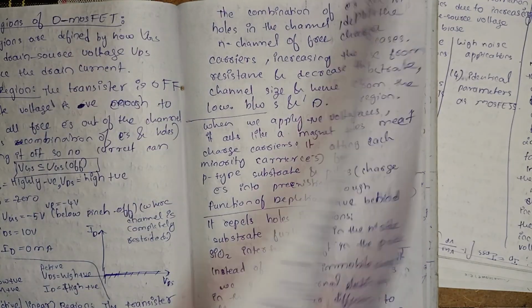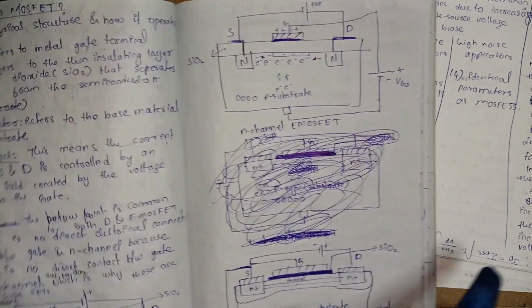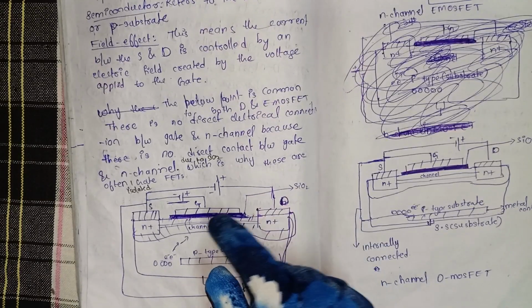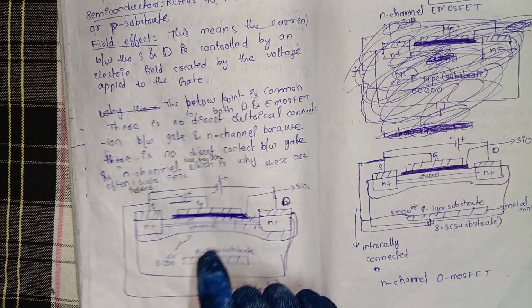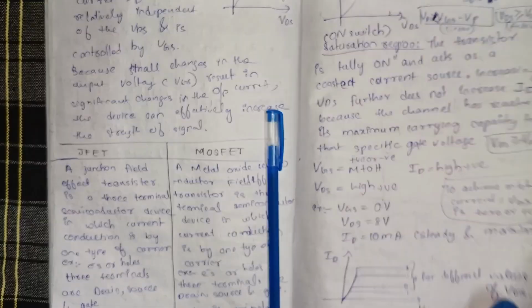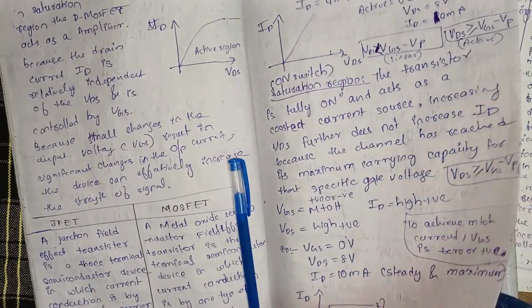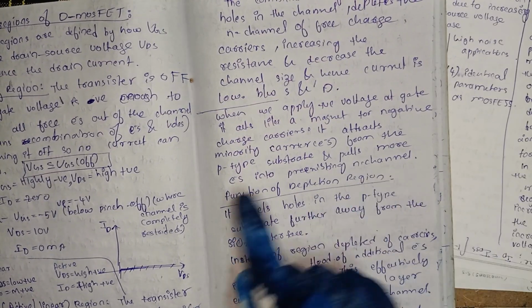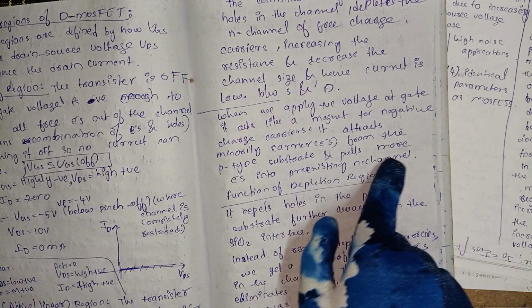So when positive voltage is applied to the gate, it attracts the electrons of the p substrate and pulls more electrons into the pre-existing n channel.